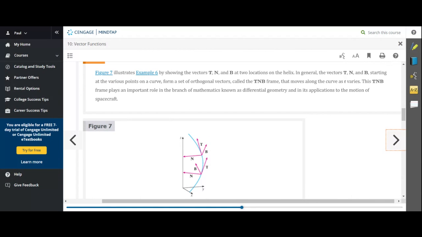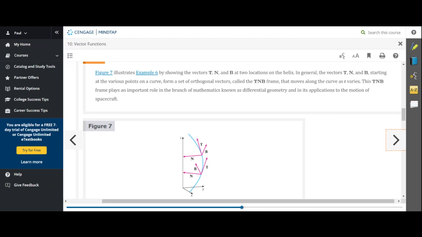And we'll go back to the example, but I just wanted to show you it forms what's called the TNB frame, and it plays an important role in the branch of mathematics known as differential geometry and in its applications to the motion of spacecraft.